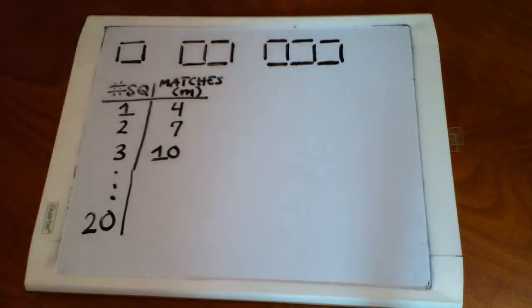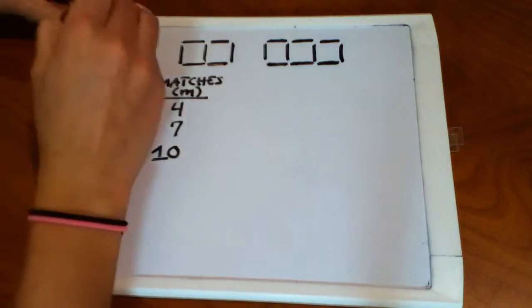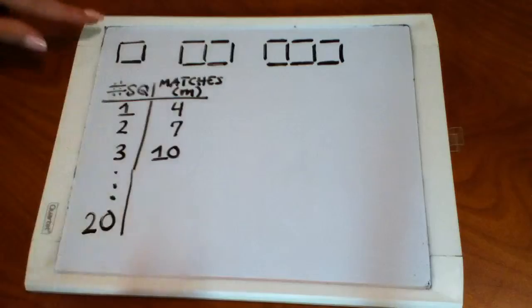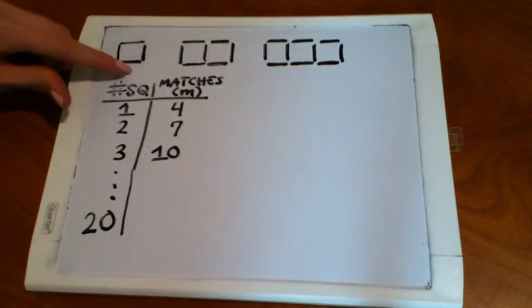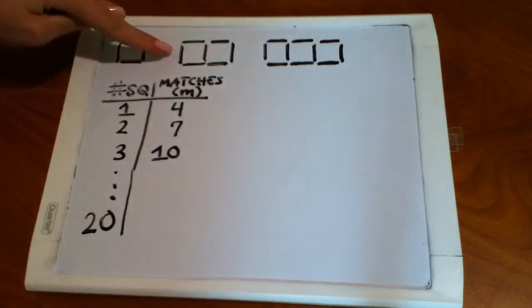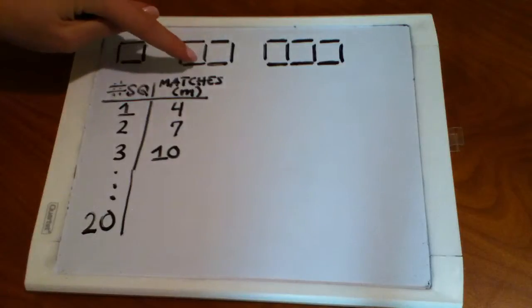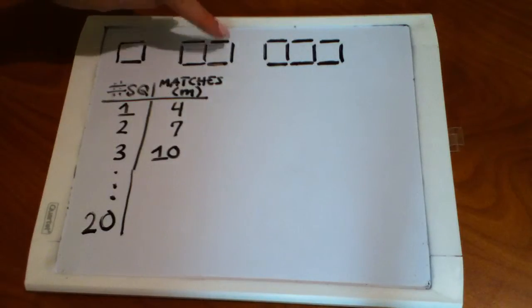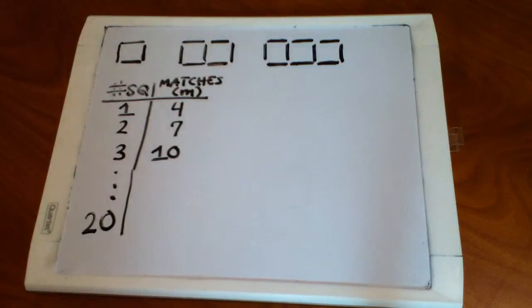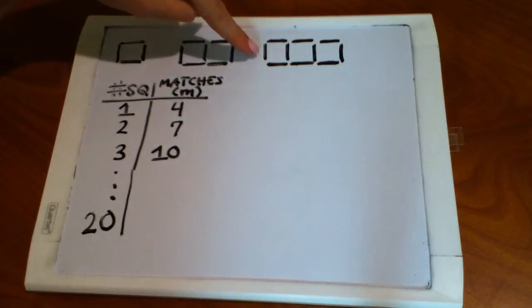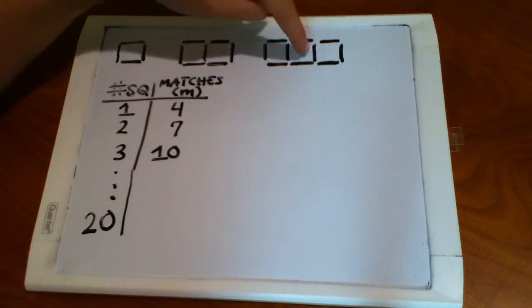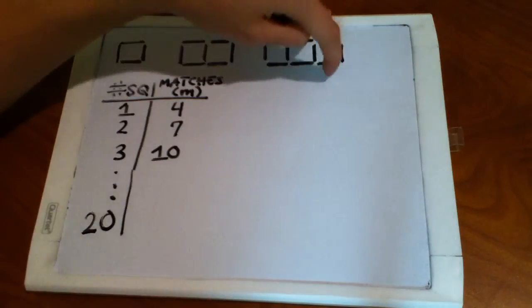And if you look at each square, there is a repeating pattern going on. If you look, there is 1 match surrounded by 3 matches. And if you look here, there's 1 match surrounded by 3 matches, but then that's also followed by another 3 matches to make another square. And here, there's 1 match surrounded by 3 matches, and then another 3 matches follow that, and then another 3 matches follow that.